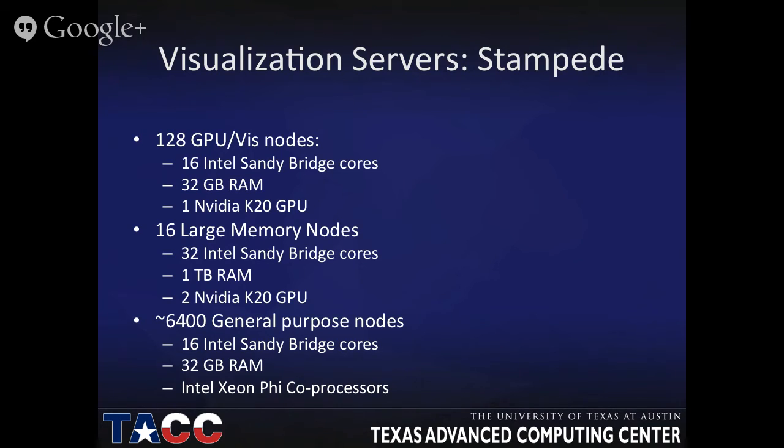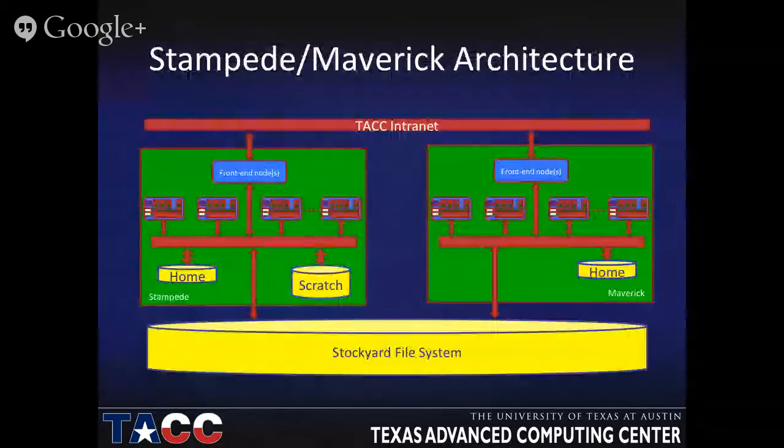And if we take a step back, all these computers are interconnected at TACC. So you do want to think about the overall system architecture, which is this. All of our systems here are connected by sharing one gigantic file system called Stockyard. All of our systems here have corny Texas names.